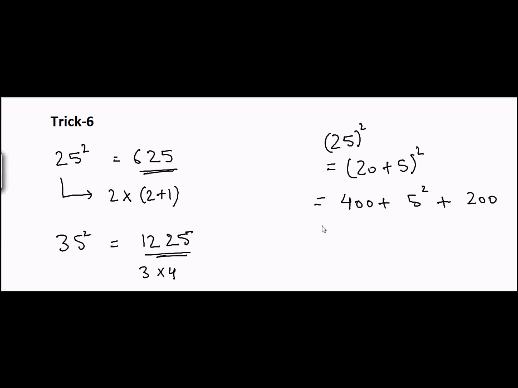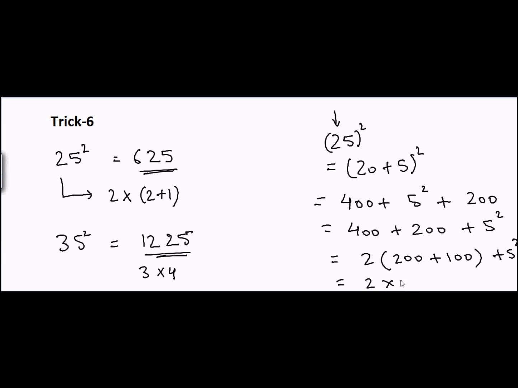So in a way, if we take the 2 out, what we have is 2 into 200 plus 100 plus 5 square. So you can see here that we have 2 into 2 plus 1 into 100 plus 5 square.